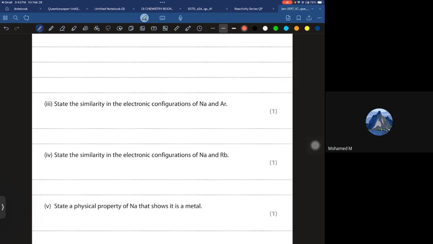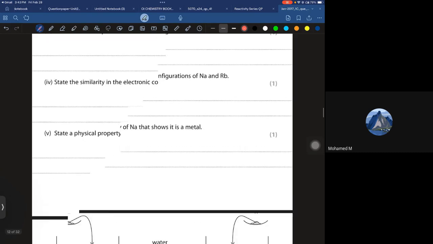Is that not one property? Physical, yeah. You can say it's a good conductor of electricity. It's a good conductor of heat. Yes, they are ductile, they are malleable, but you're not supposed to say they are shiny. You can write any other physical property.